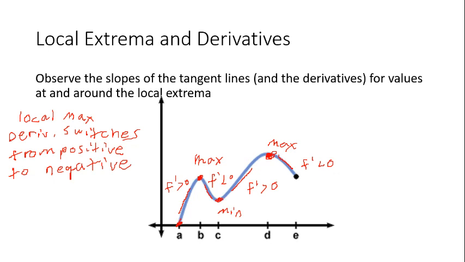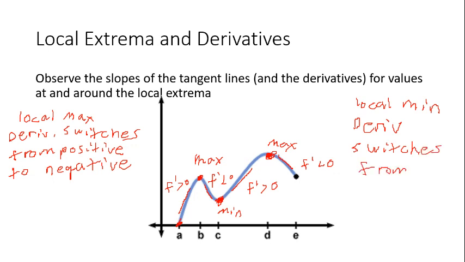Now, at this local min down here at C, the derivative switched from negative to positive. So on either side of a local minimum, the derivative switches from negative to positive.